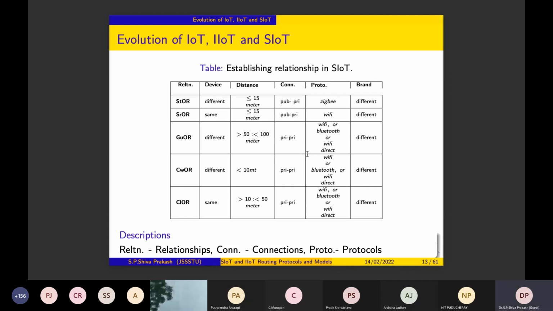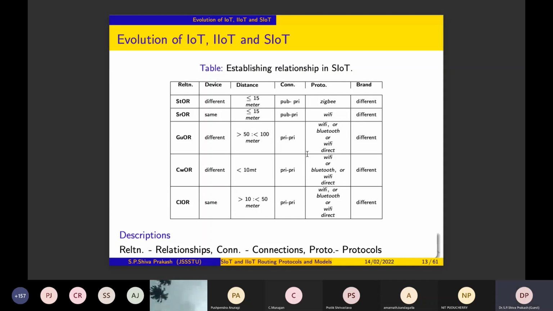As a user, initially I start profiling, which we call object profiling. It means the device type, the model, the manufacturing ID. All this data will be fed into the object, so that these parameters will help us establish the relationship.